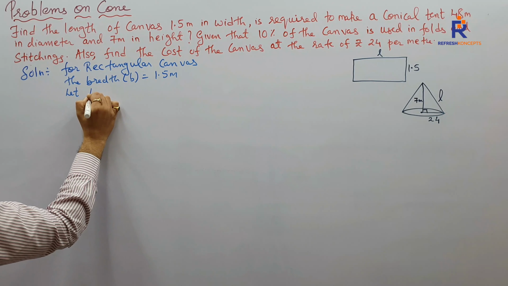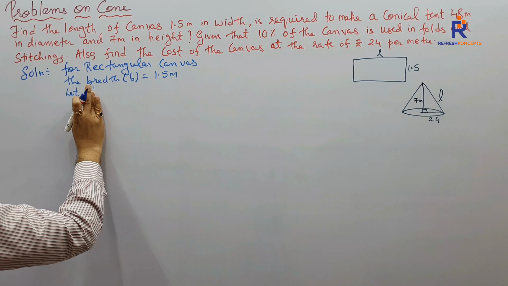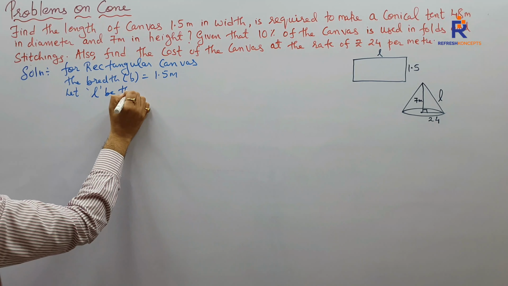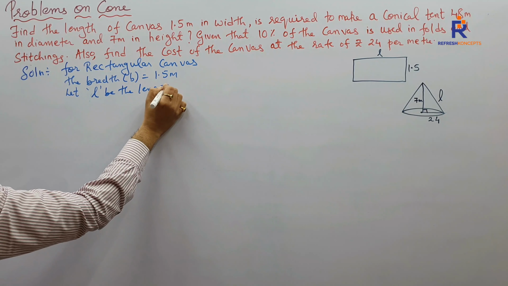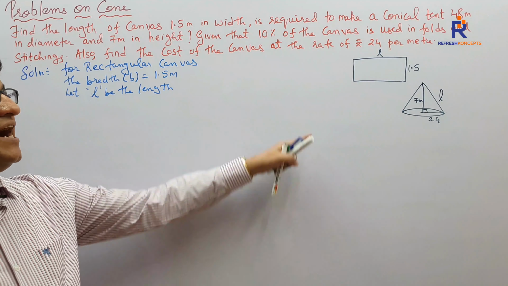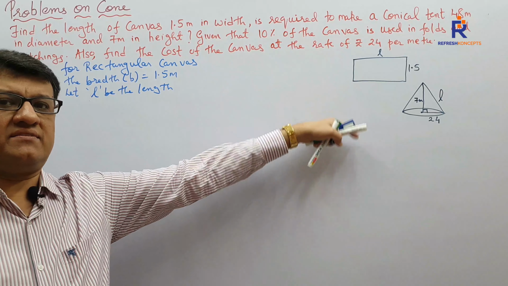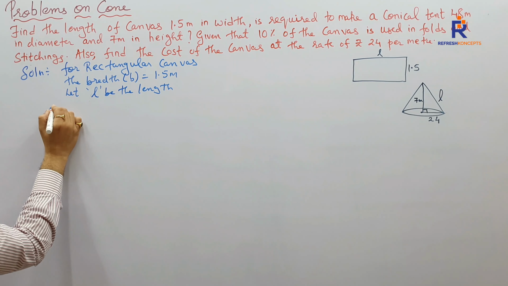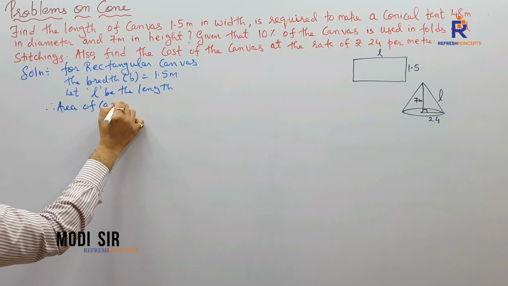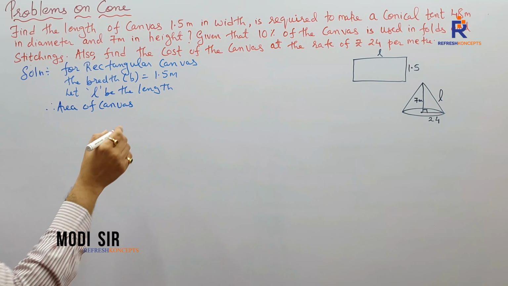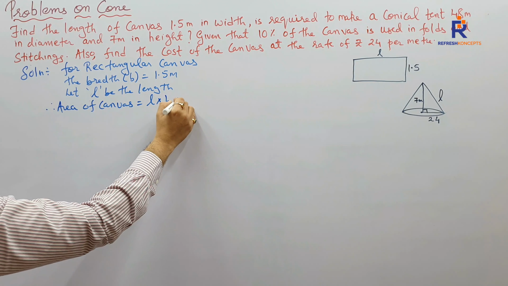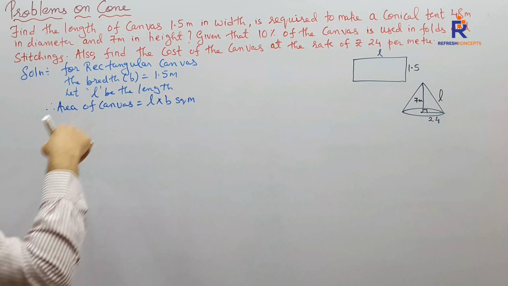Let small l, since we have taken small b, be the length. What is the area of canvas? The area of canvas is a rectangular piece, so it is length into breadth, square meter.